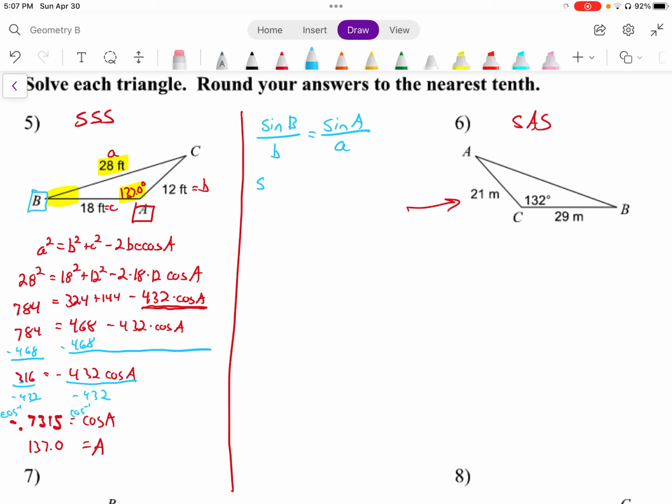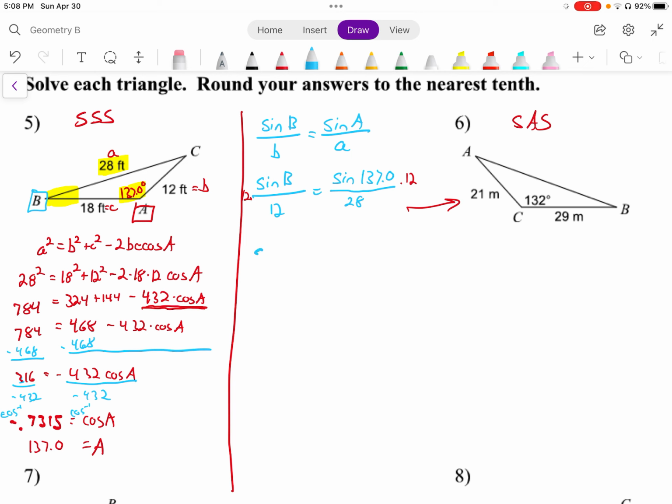So sine of angle B over side B, which is 12, equals sine of 137.0 over 28. Looks like we'll be multiplying both sides by 12 here.